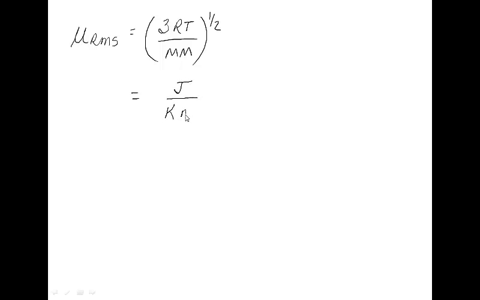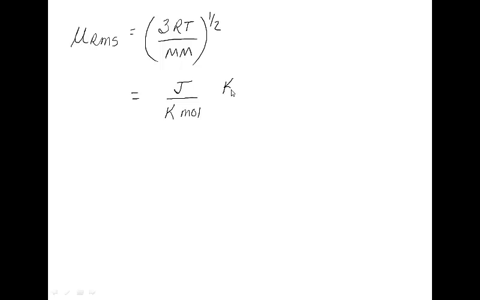We have the root mean square velocity being equal to 3RT over molar mass in kilograms, square rooted. Molar mass, capital M, same diff. All right, just in terms of units, your R is units of joules per Kelvin mole.